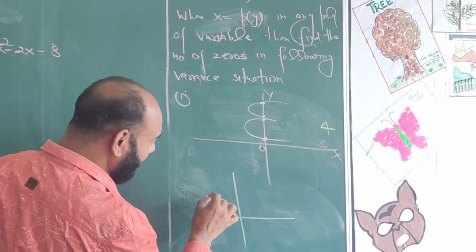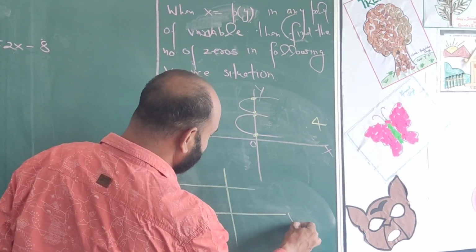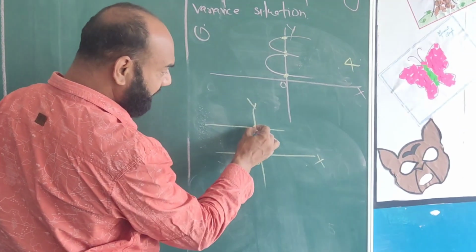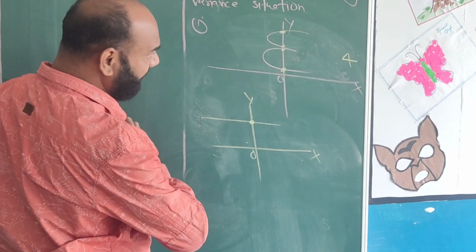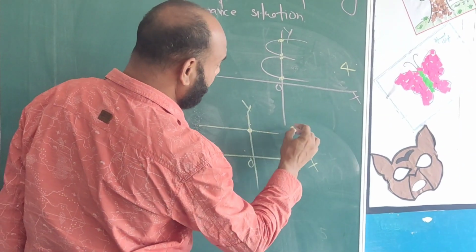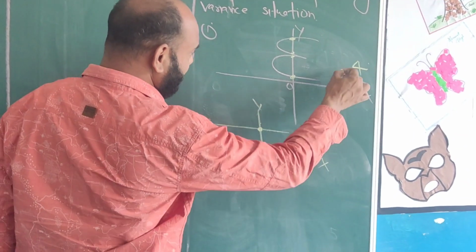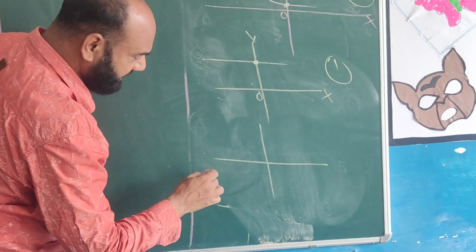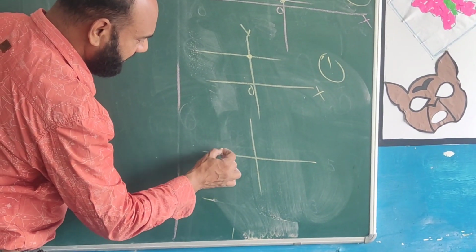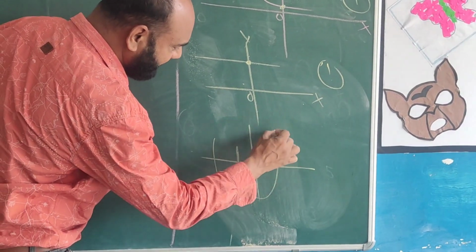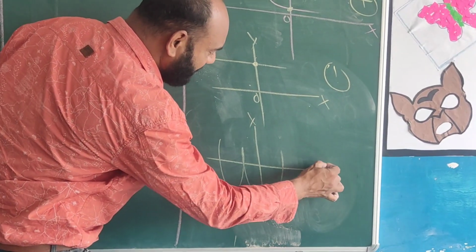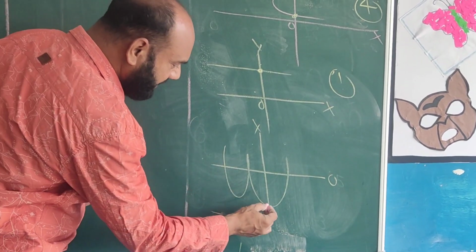And when the graph is this much, this is the x-axis, this is the y-axis, this is the origin. Here the graph cuts the y-axis at only 1 point. Therefore, the number of zeros is 1. And in this question we see, suppose this much line, and here the given curve cuts the y-axis at also only 1 point.